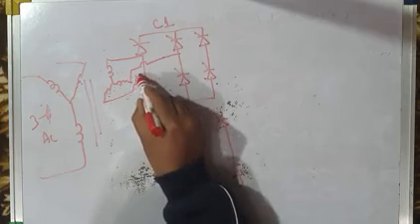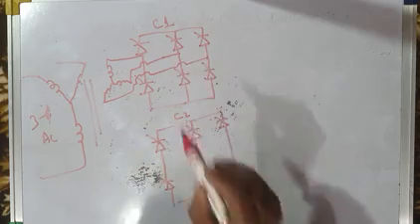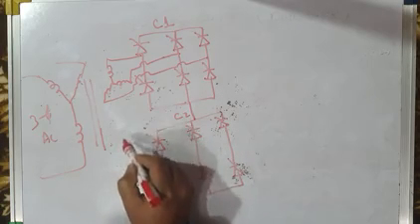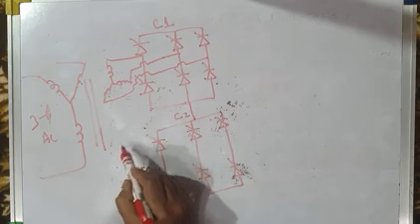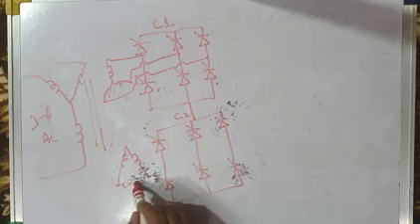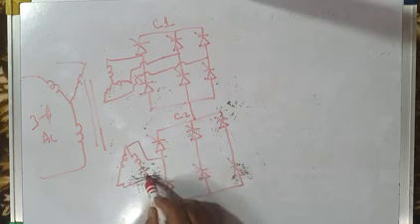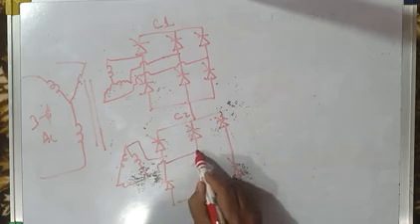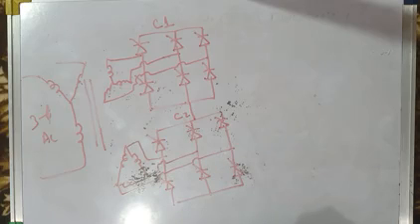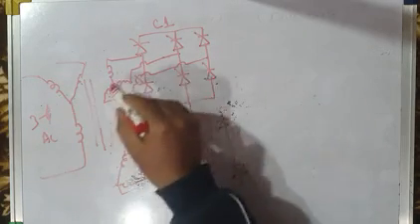It is feeding converter C1 like this. And then we have another secondary winding which is not star connected, but delta connected, for example like this. It is feeding the second converter, number 2, like this. So we have a transformer with one primary and two secondaries.